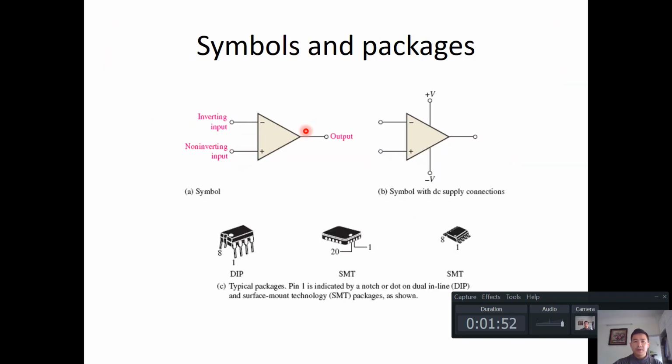In reality, this is the symbol of the OA. We see that the OA in principle has two inputs and one output, and the two inputs are named the inverting input and the non-inverting input. The inverting input is the negative one, and the non-inverting input is the positive one.